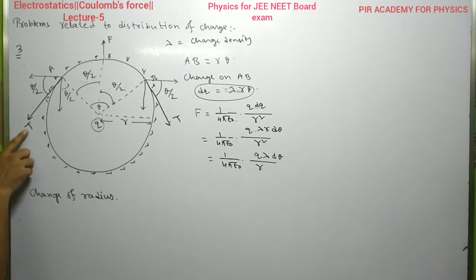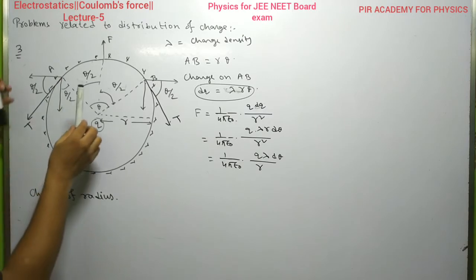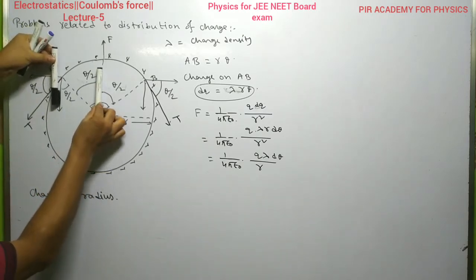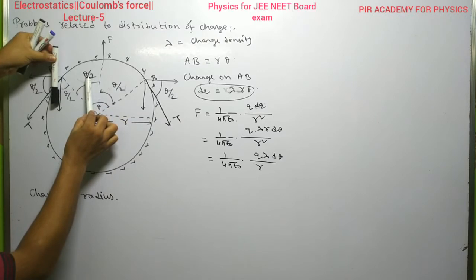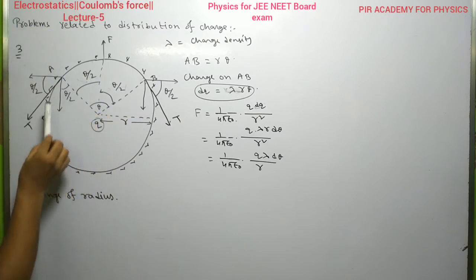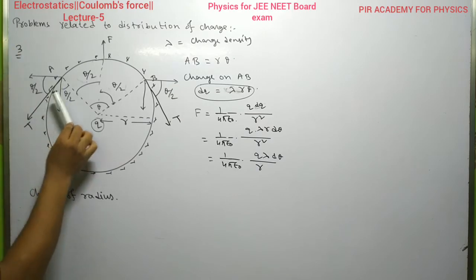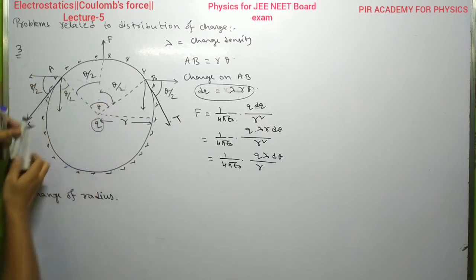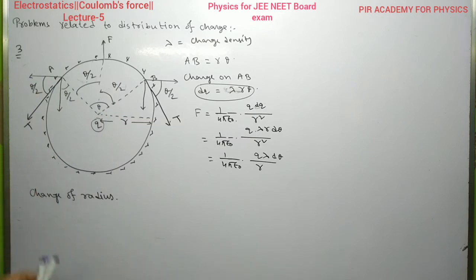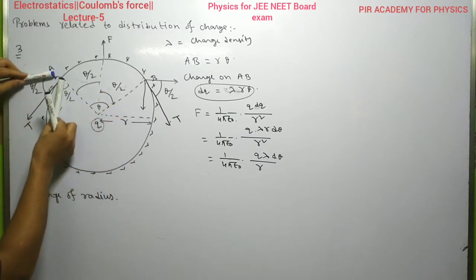If I resolve this tension along this direction, then these two lines are parallel, and if this is theta by 2, this angle will be theta by 2, and this angle is perpendicular to this. You see that this angle is 90 degree and this angle is 90 degree.